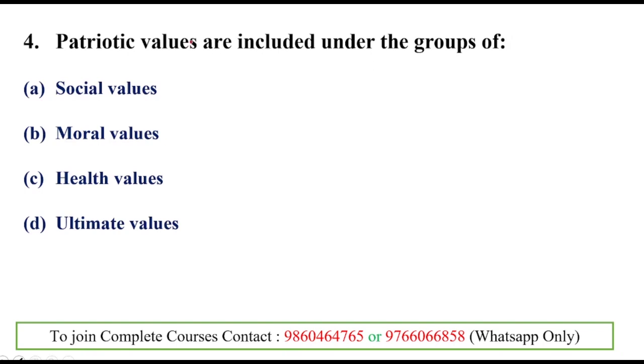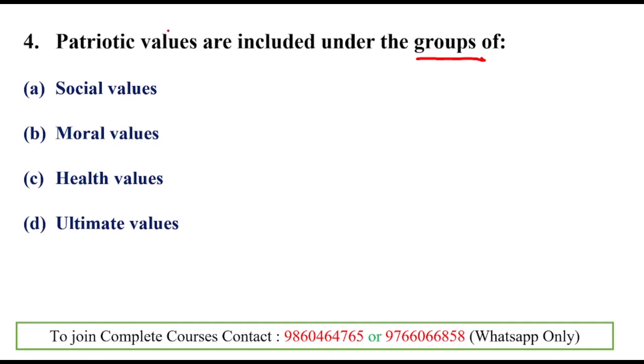And fourth one, patriotic values are included under the groups of. So, under which head do the patriotic values come? So, patriotism means national integration or national mindedness. We are proud of our nation.